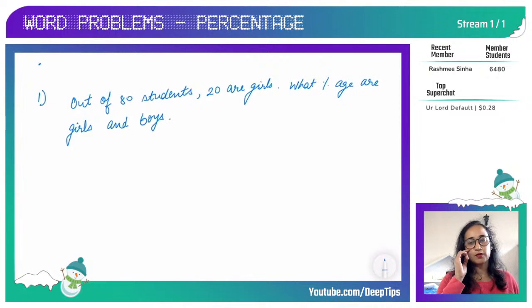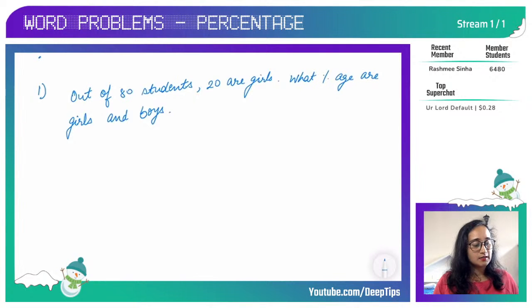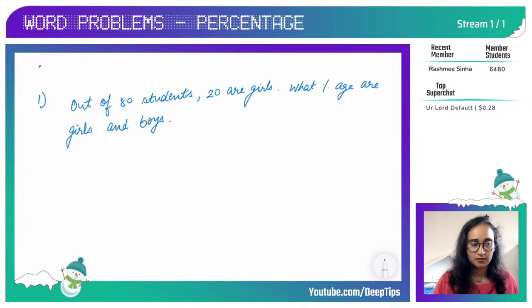If you read this question, this is a very simple question. In this question I get the information that I have 80 students in my class, and out of those 80, 20 are girls. So I am very clear that the remaining 60 are my boys, correct? So how do we solve this question using the unitary method?